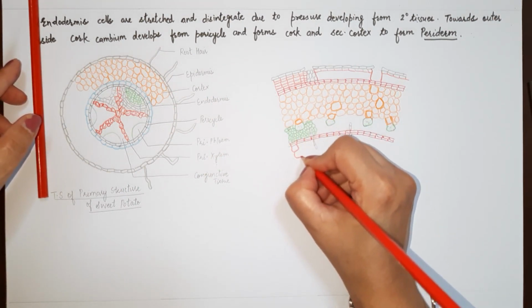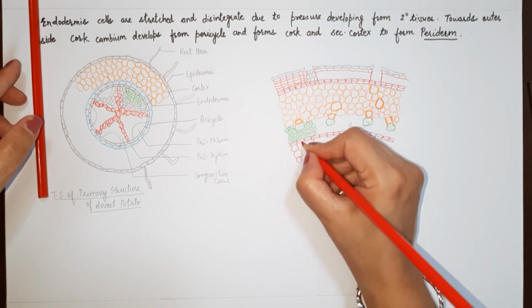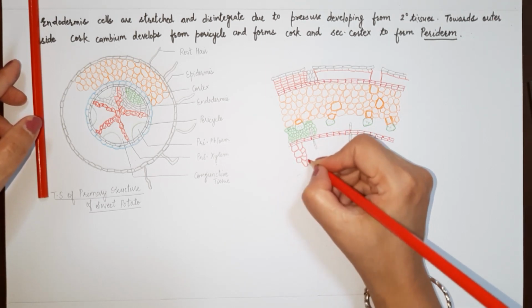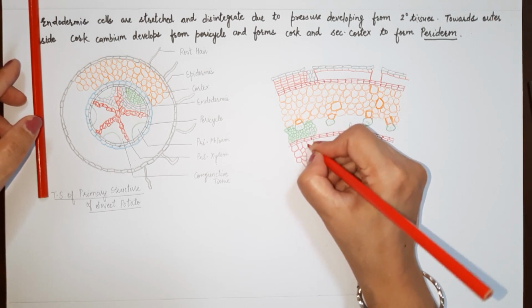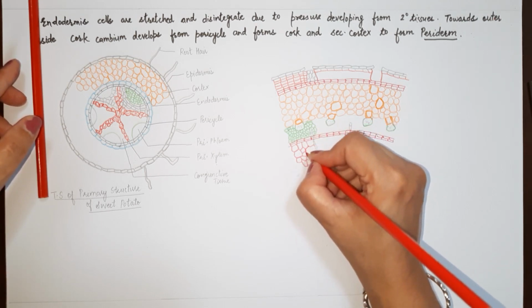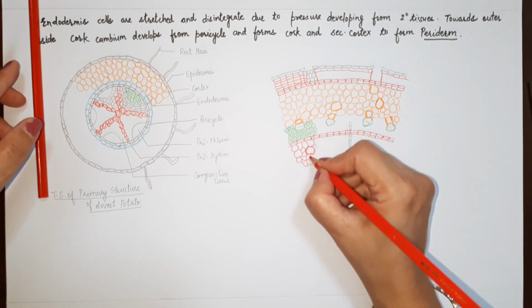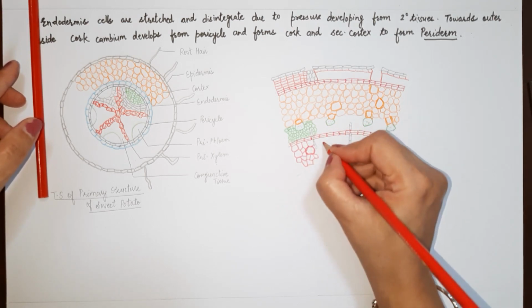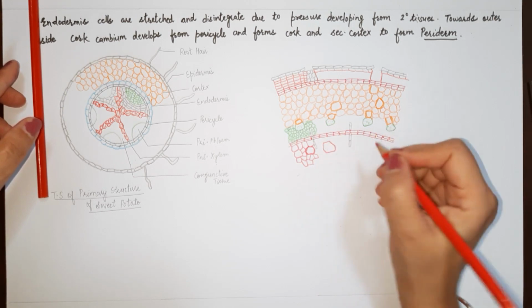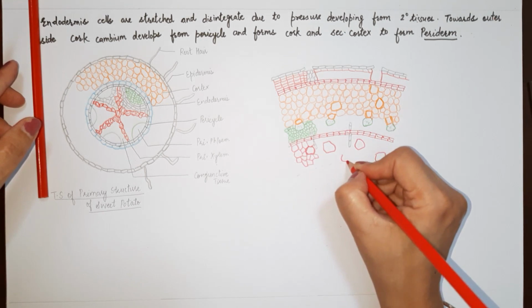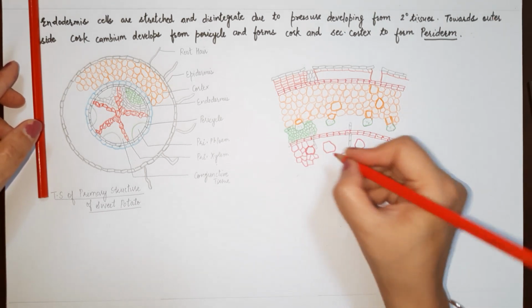So, the vascular region will have more of the parenchyma, very few vessels. So, the vessel areas you can mark specifically, the large areas. Show just few vessel elements.